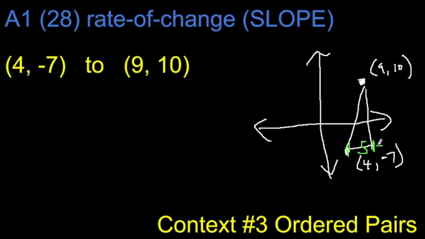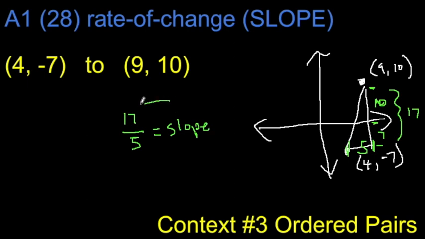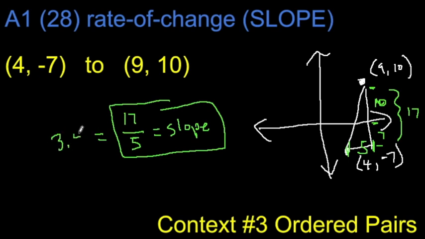The distance from -7 up to 0 is 7, and then up to 10 is going to be 10 more. So 17 altogether. And we have a slope of 17 over 5. That could simplify down as a decimal to 3.4.